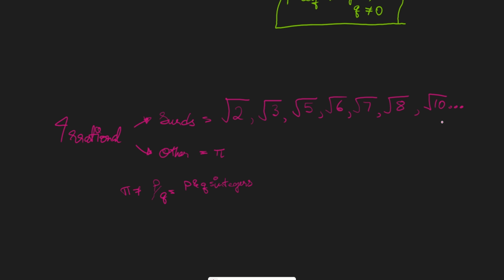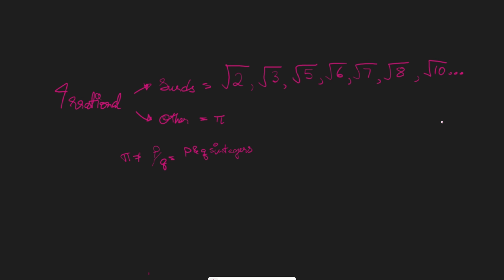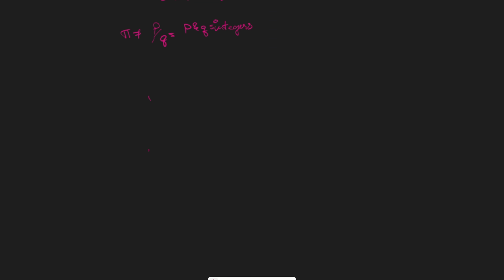Now we're going to look at simplifying surds. Let's consider root of 6. Now 6 can be written as 2 into 3. So root of 6 is equal to root of 2 into 3.